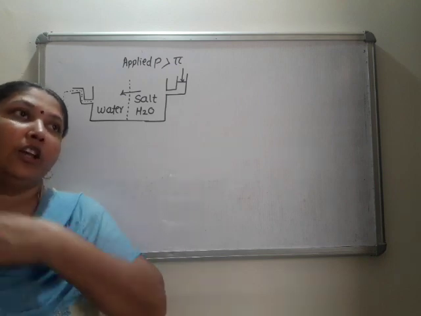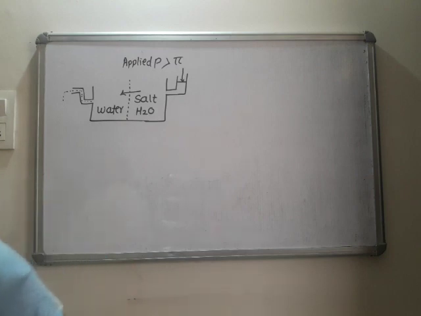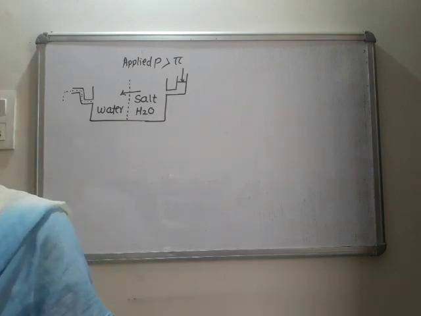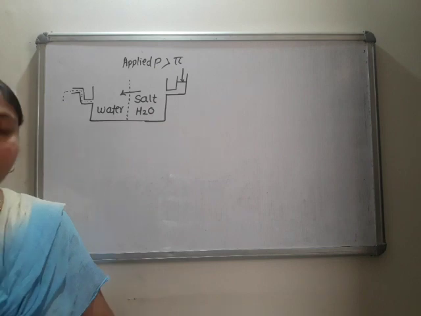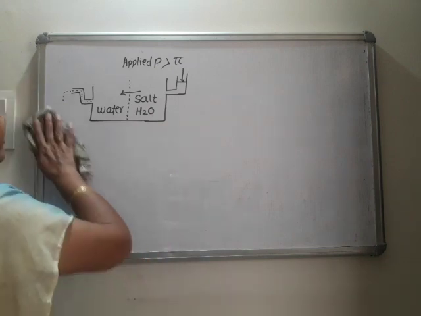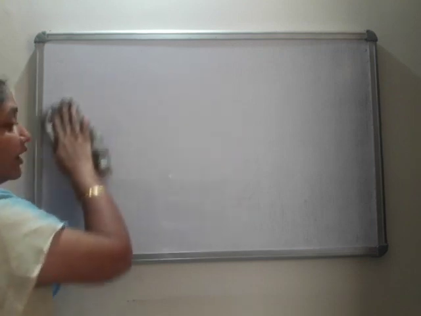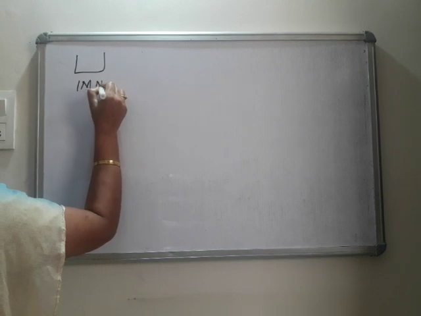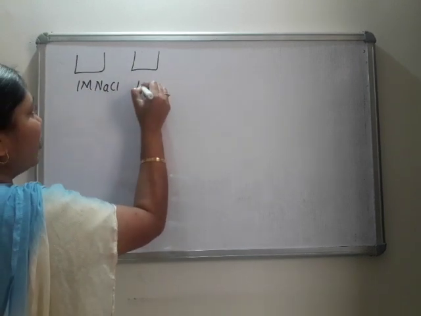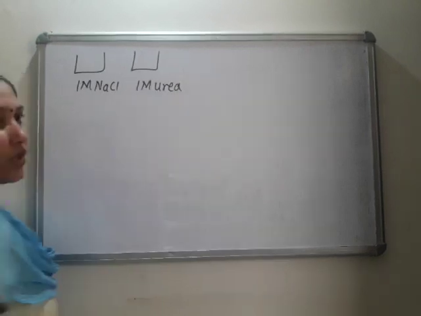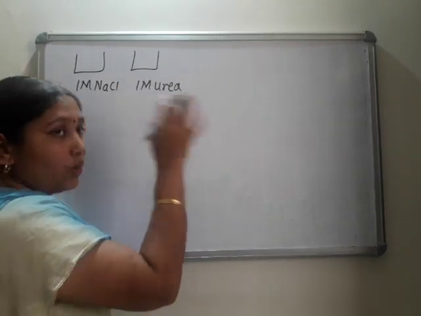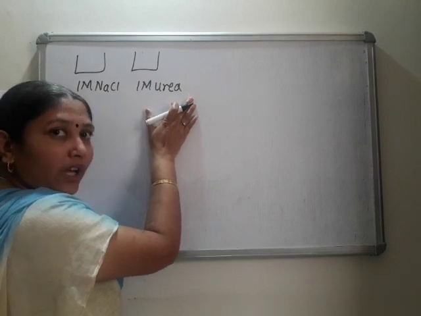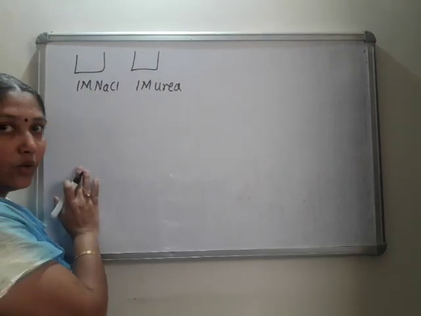In the last lecture at the end I told you that electrolytes also show these colligative properties, but their magnitude is different from non-electrolytic solutions. What does it mean? For example, we have taken 1 molar NaCl solution, and here we have 1 molar urea solution, or glucose solution, or sucrose solution. Here we have taken a non-electrolyte, here an electrolyte.